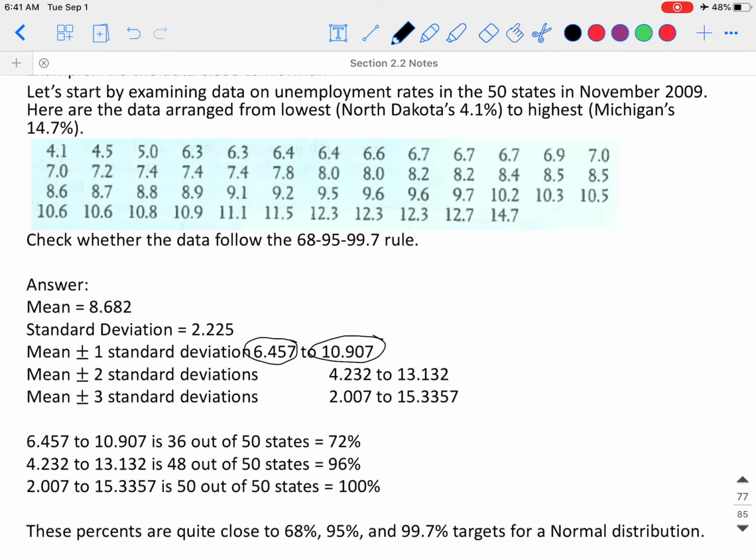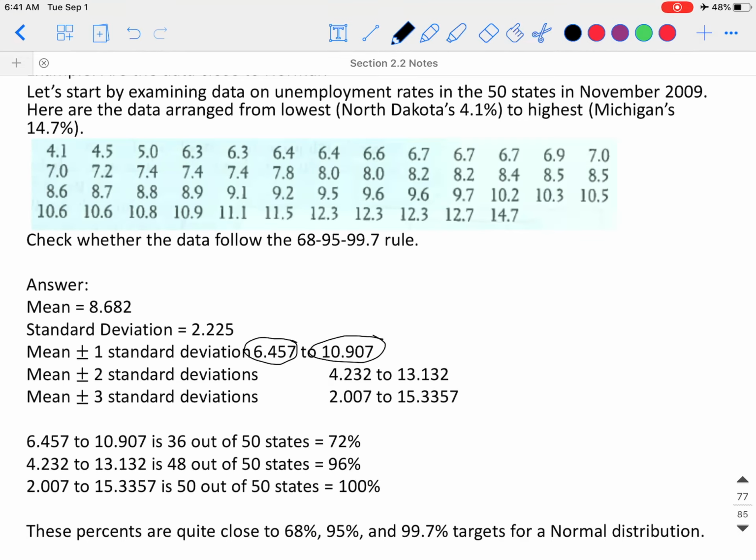For 2 standard deviations, we count all values greater than 4.232 but less than 13.132, and that's 48 out of the 50 states, or 96%. For 3 standard deviations, we want all the values greater than 2.007 but less than 15.3357, which is all 50 out of 50 states, or 100%.